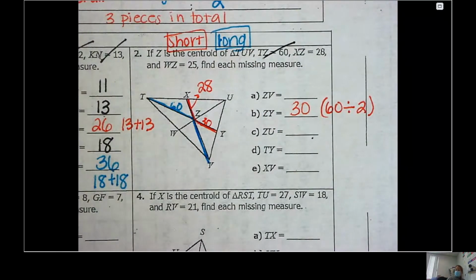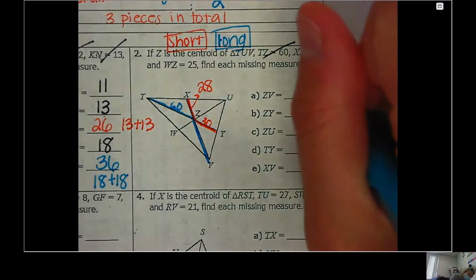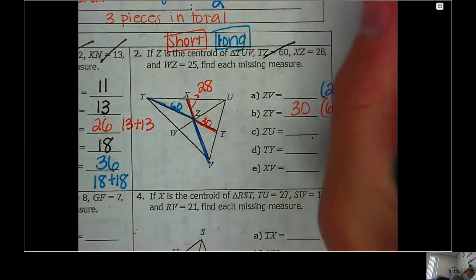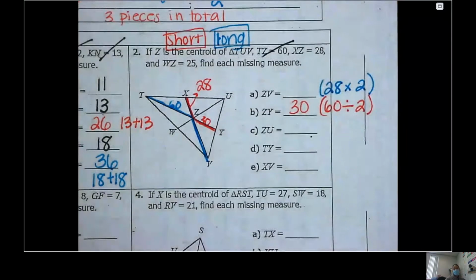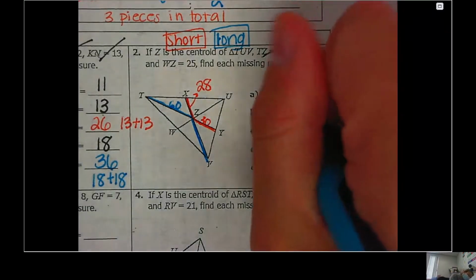Multiply by 2. You got the short piece, you're going to multiply it times 2. So I'm going to do 28 times 2. What is 28 times 2? 56, right? So now I've got this piece is 56.